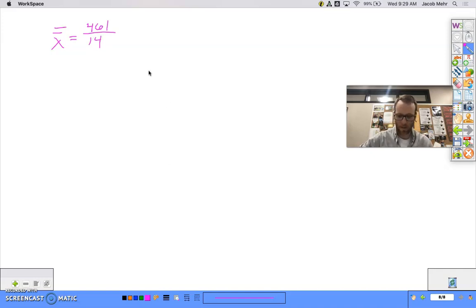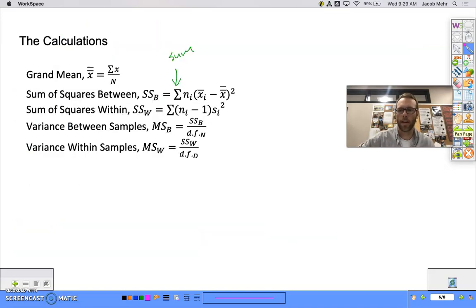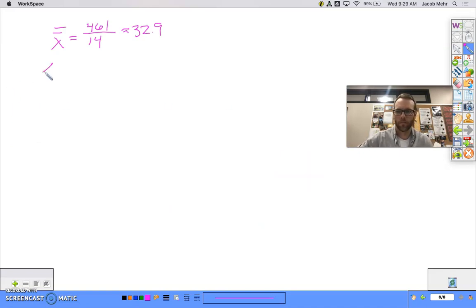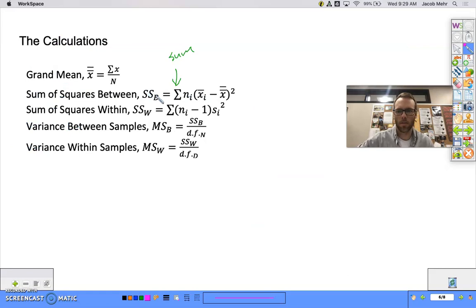So our grand mean is about 32.9. All right, what are we going to calculate next? The sum of the squares between. Take a look at what this is telling us to do. For each sample, we take the sample size times the difference between the sample mean and the grand mean, squared, and then add that up for each sample.